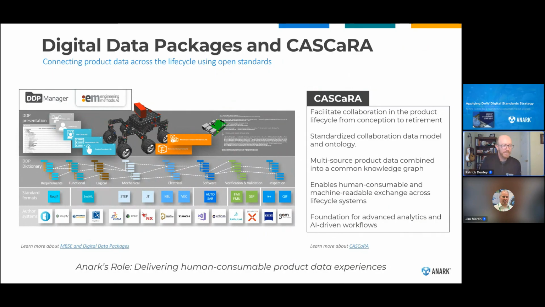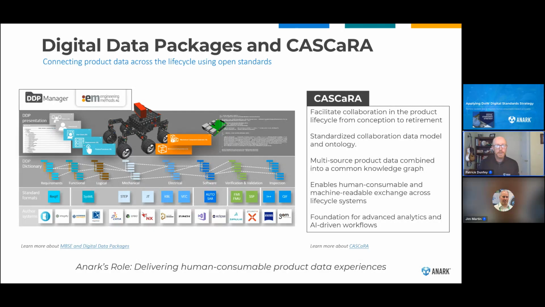So being able to define that ontology and how the data is connected, similar to the persistent IDs concept, where you can now map across. This gets back to the question that was asked about whether this is just engineering or just design. Well, no, it's certainly not. On the left-hand side of this slide, there's a whole host of data types that cover the network of model-based systems engineering across the entire product lifecycle.